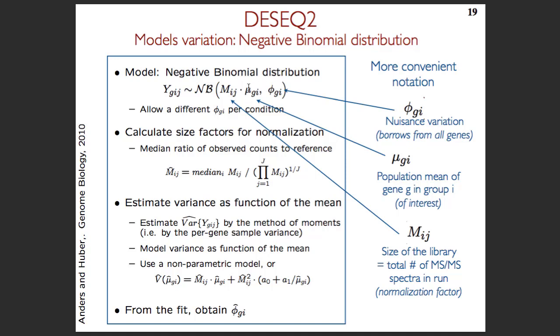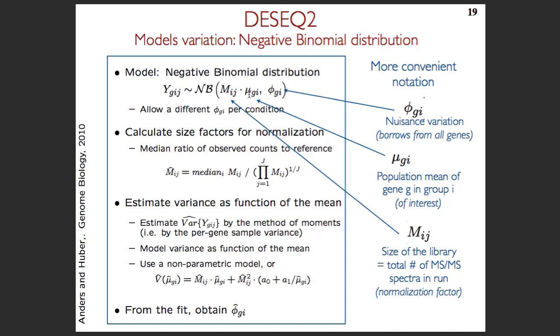And this is the mean count in the population for the corresponding gene. And this is a parameter which reflects the variability. So it's called the dispersion parameter. And it's also specific to the gene. And this is actually developed by roughly the same community that worked on LIMMA. And they try to do a similar thing.